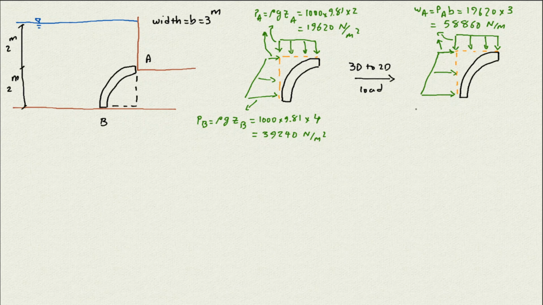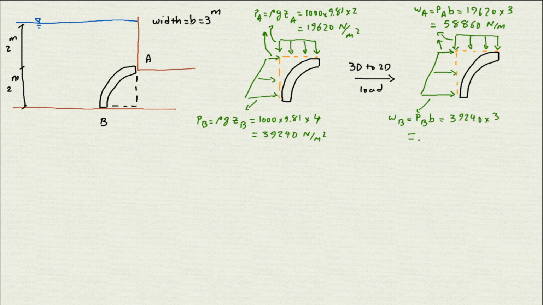Here, and then down here we have the load at point B. It's going to be the pressure at point B times the width, which is 39,240, times the width of the gate, which is 3.